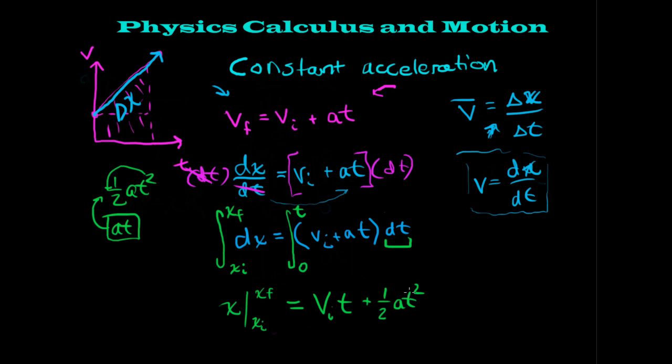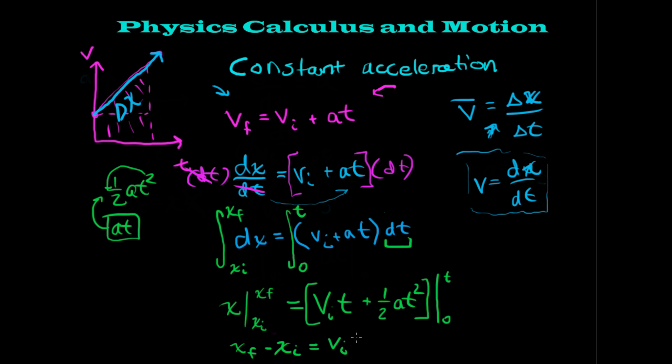And if any of this is challenging, you definitely need to review your calculus because physics is easy when you know calculus. Okay, so, and we're evaluating this one at t and 0. So this one, plug in xf, we get xf. We subtract xi, and that's going to be equal to, now we know the second part of this is going to be 0, so I won't bother writing it. And when I plug t in for t, I'm just going to get the same thing I already have inside the parentheses or brackets.